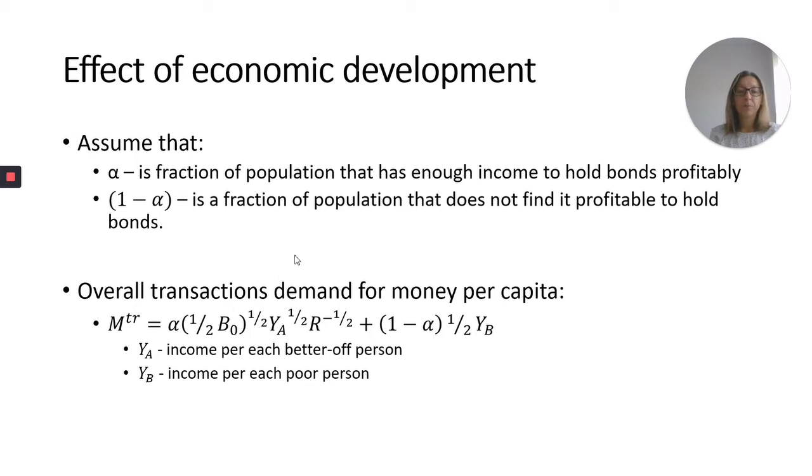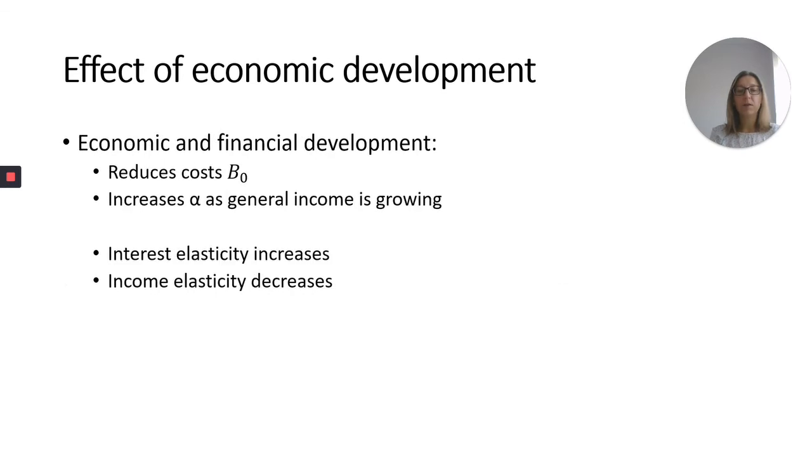This doesn't explain to us a lot about how the transactions demand for money changes, but if we try to model different situations with equations, this is probably what we would find. First of all, as the economy is developing and income is growing, as we saw also, growth of income has a positive effect on the demand for money. So demand for money should be growing too.